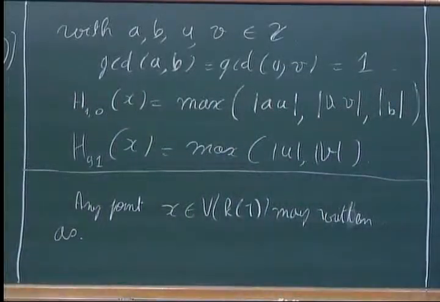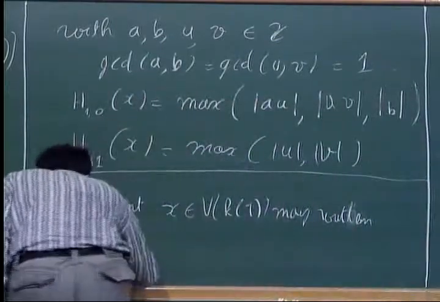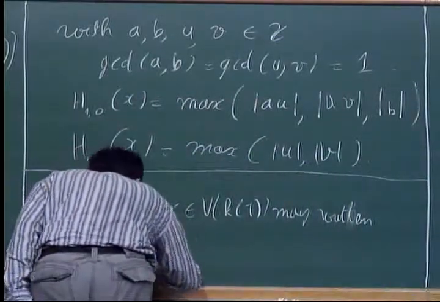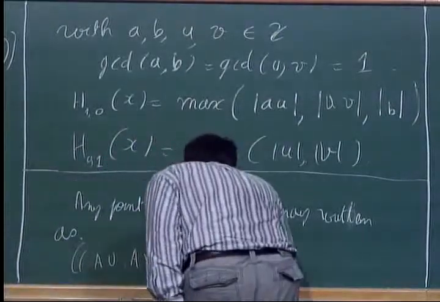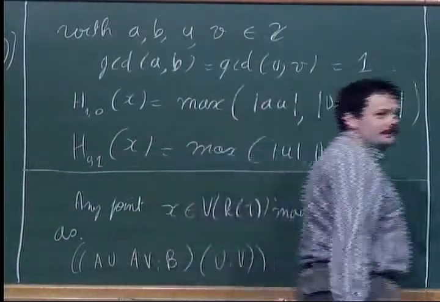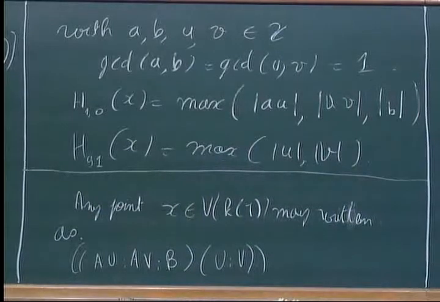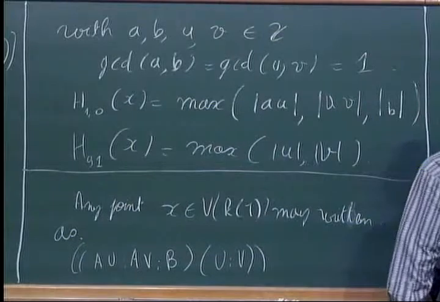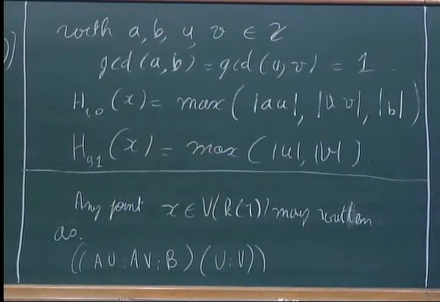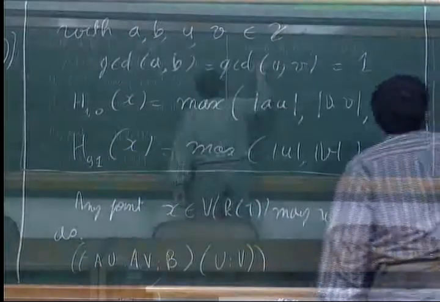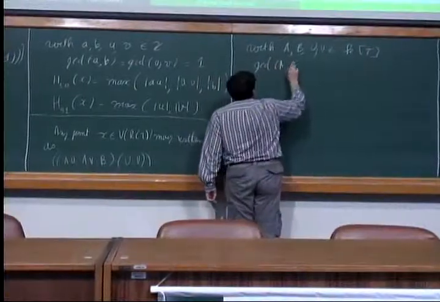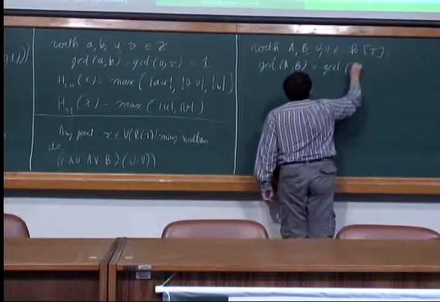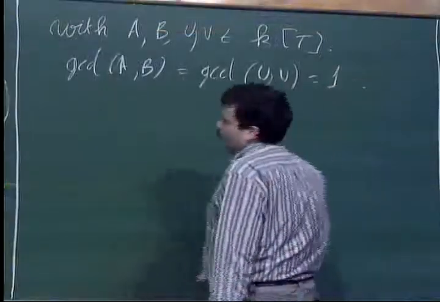Instead of using small letters, I'm using capitals: AU, AV, B, U, and V. But except for the change of size of the letters, it's almost the same, namely with A, B, U, and V belonging to the polynomials, the GCD of A and B equal to the GCD of U and V equal to 1.